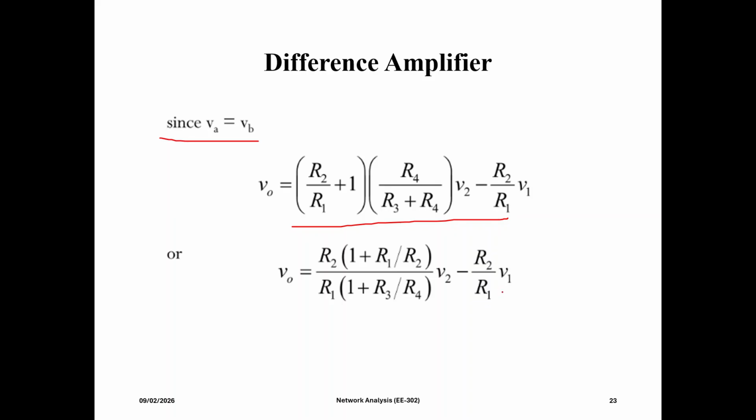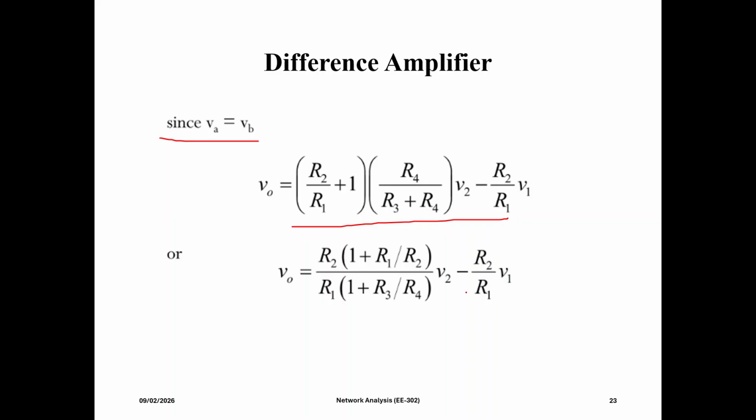So if we choose R2 over R1 equal to R3 over R4, and we consider this equal to one constant, that is K, which represents the gain, we see that V output will be equal to K into V2 minus V1.